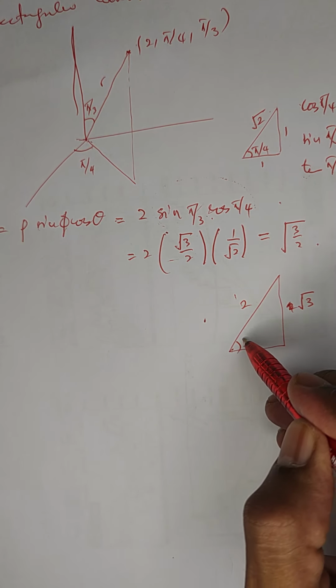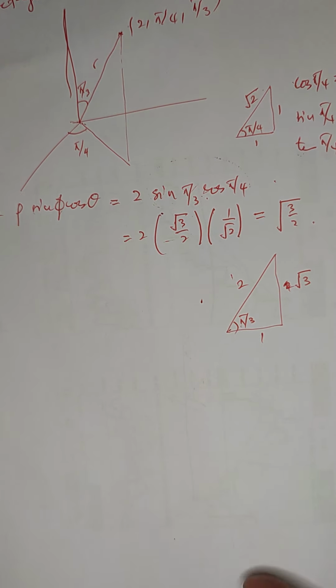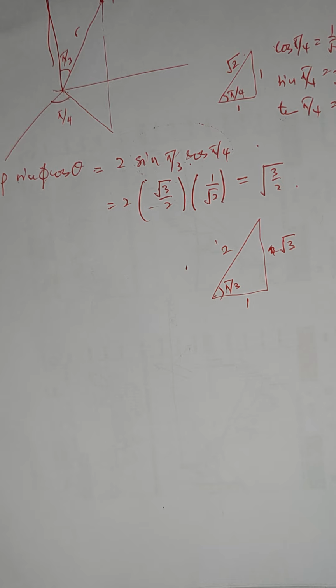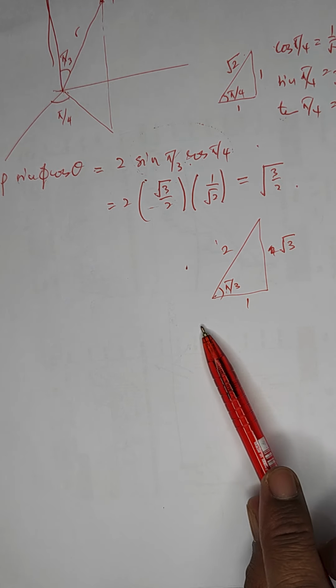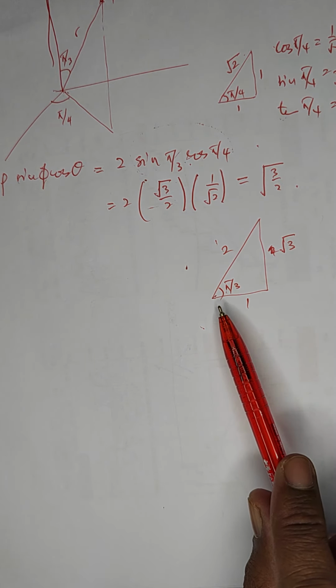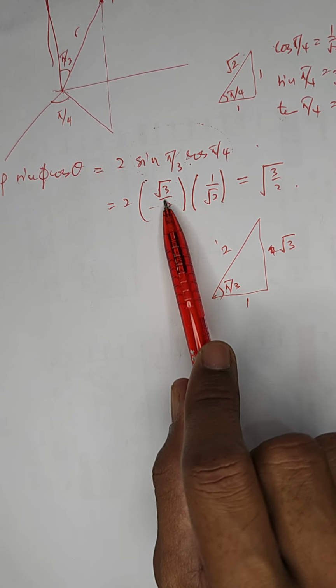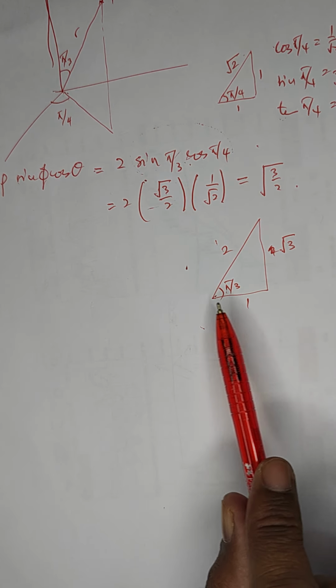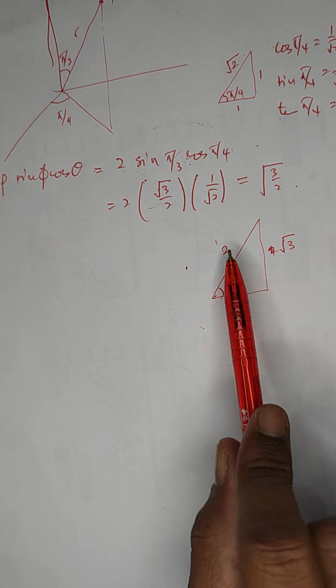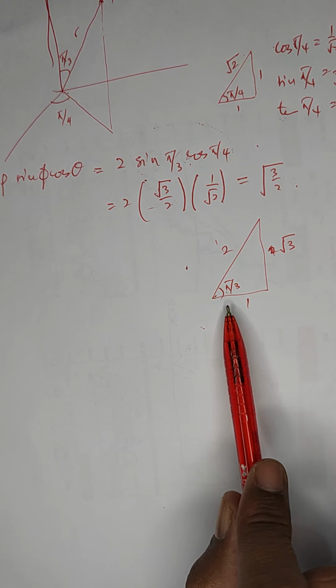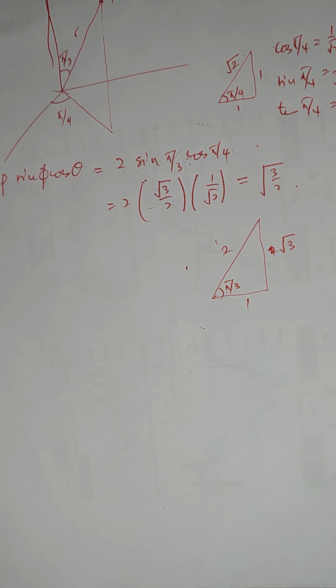This is pi over 3. Sine is opposite over hypotenuse. Cos is half. Tangent is root 3. Okay, easy.